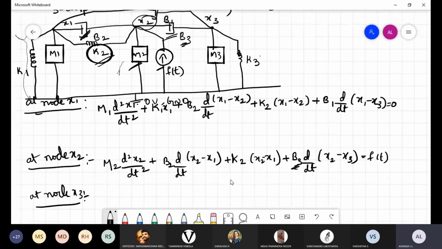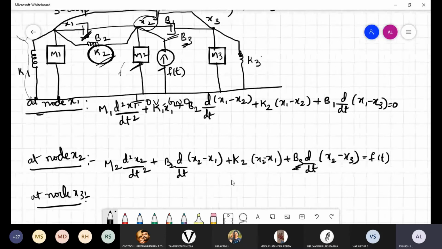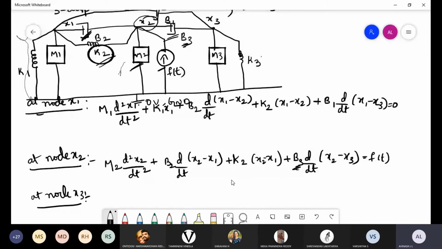There is an m3. So how will you write that m3? m3 into d square x3 by dt square plus k3 into x3, plus between x3 and x1 there is a b1.